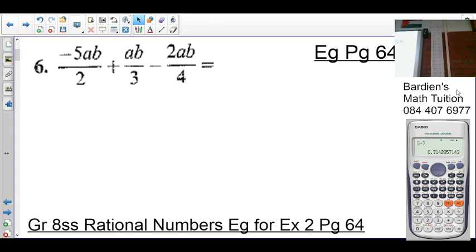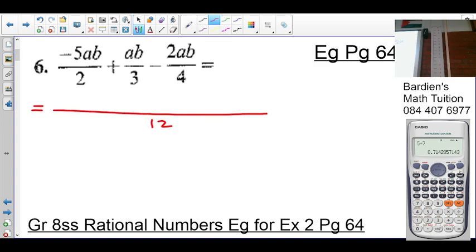What's the LCM here, people? 12. So let's do the sum together. It will be 12. Alright, so now you guys put in the numerator for me quickly.